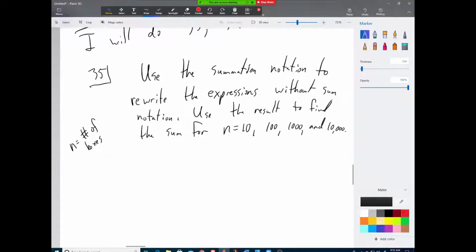Alright, and for problem 35, we're doing the sum from i equals 1 to n of (2i plus 1) over n squared.